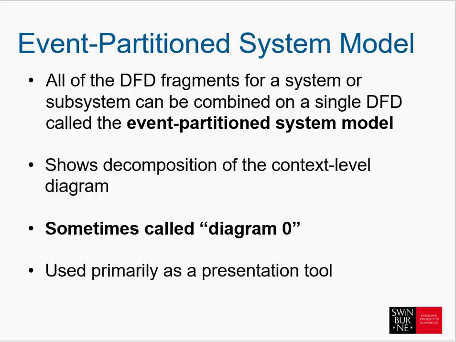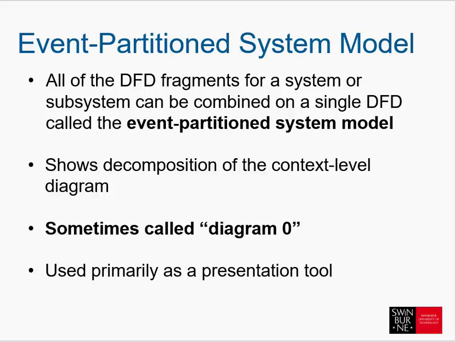Diagram 0 is used primarily as a presentation tool. It summarizes the entire system or subsystem in greater in-depth detail than the context diagram. However, business analysts sometimes avoid developing diagram 0 because the content duplicates the set of DFD fragments.